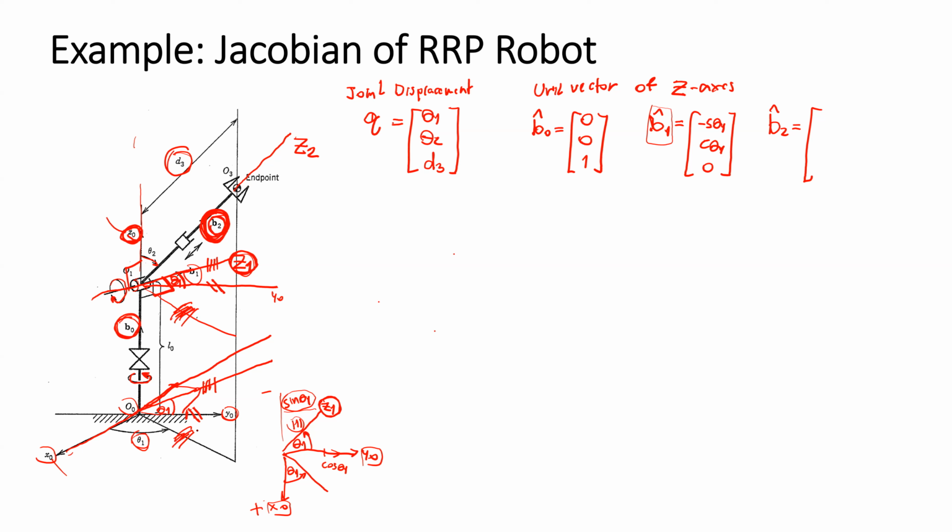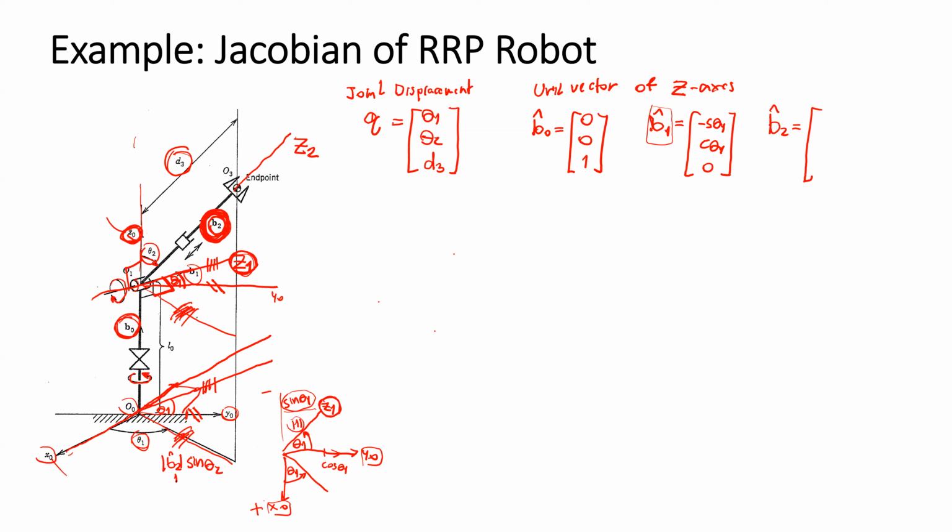The length of this line will be the magnitude of b2 times sine theta 2. But the magnitude of b2 is 1, right?